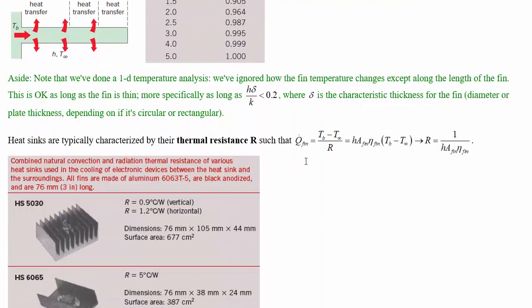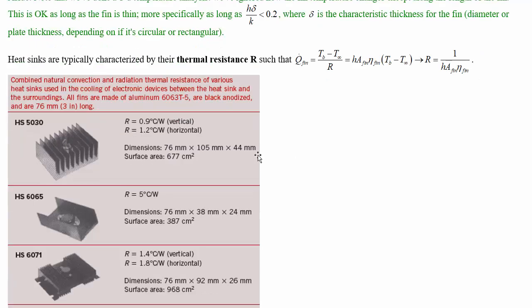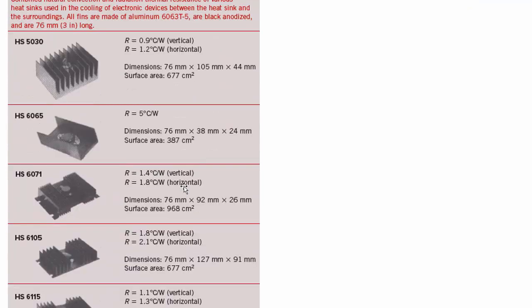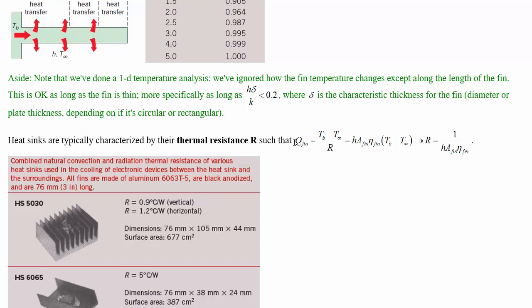The very last thing we're going to talk about is heat sinks. Heat sinks are designed objects to dissipate heat, and there they generally talk about the thermal resistance of the heat sink as a characterization parameter. So the total heat dissipated by the fin is the base temperature minus the free stream temperature.